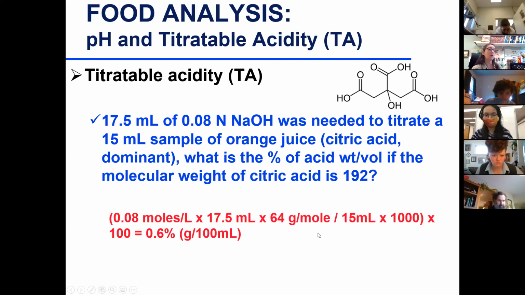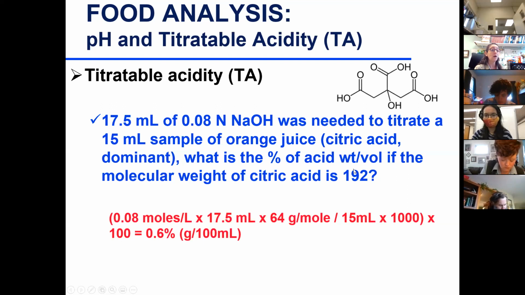So here it is. You have your normality of NaOH, which is 0.08 normal, same as 0.08 molar, so it's 0.08 moles per liter. And then the titration volume is 17.5 ml. Because it's in milliliters, we need to convert to liters, so you divide by 1,000.